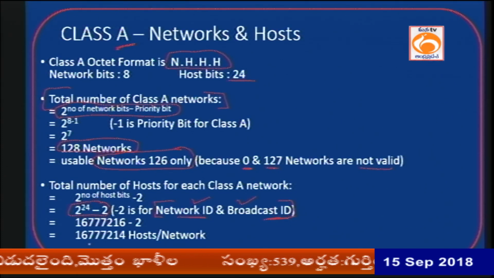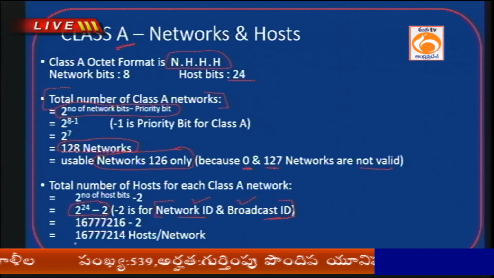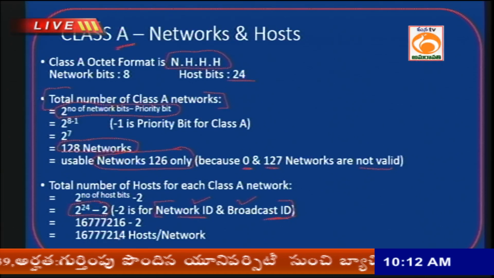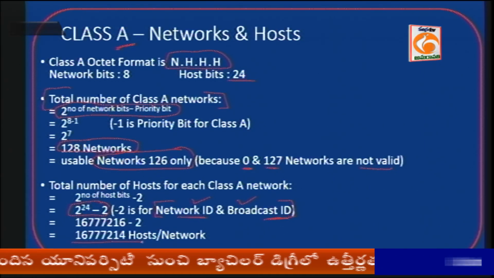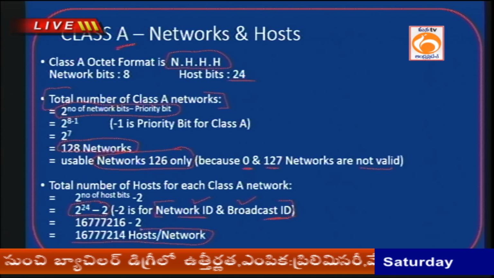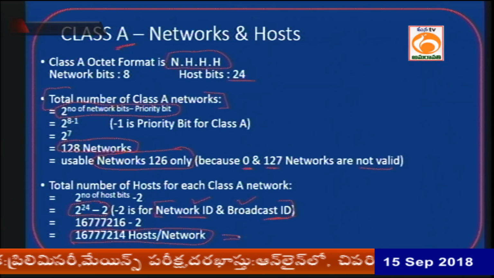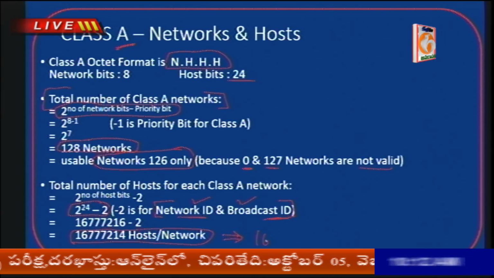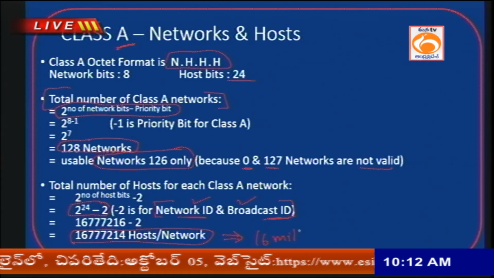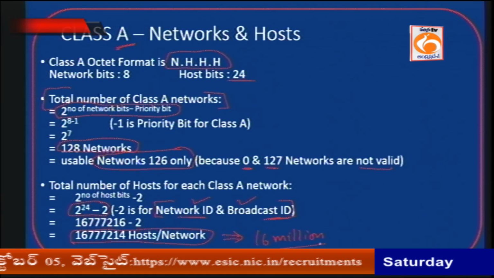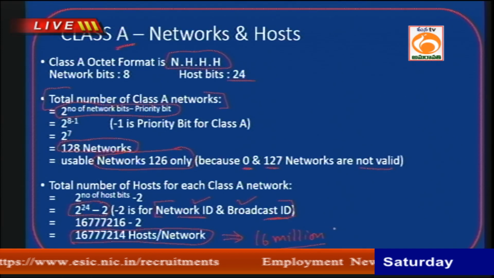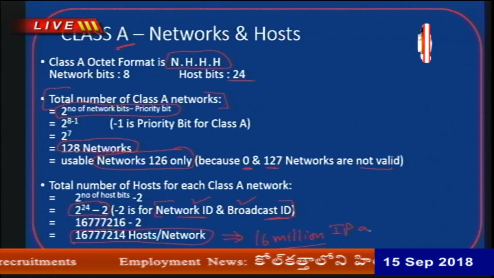So we effectively have 16,777,214 IP addresses or hosts available for each class A network. In short, we represent this as 16 million IP addresses. So in each class A network, there are 16 million IP addresses.